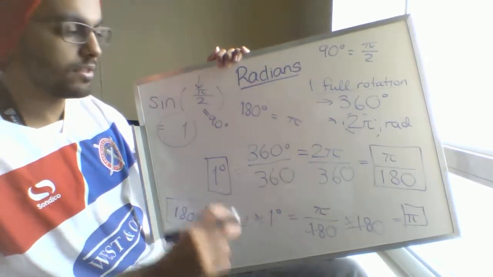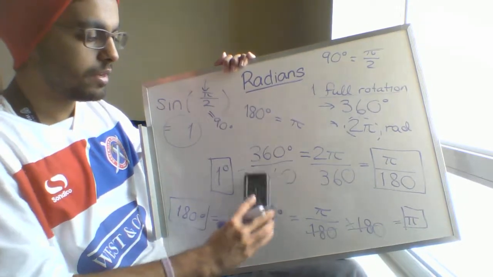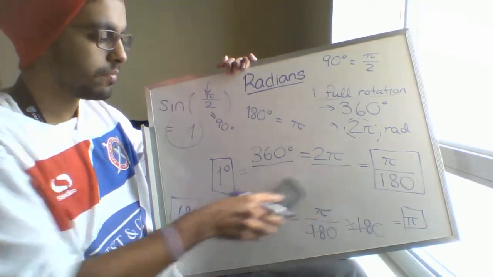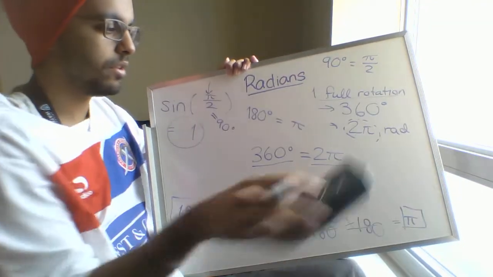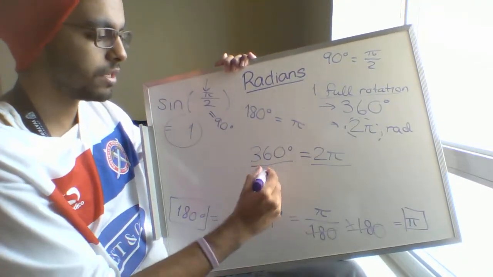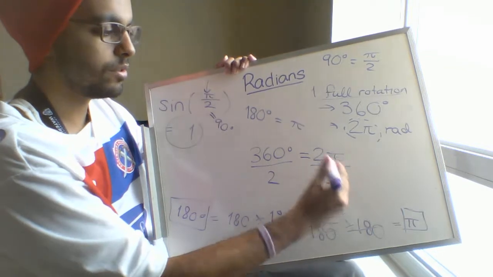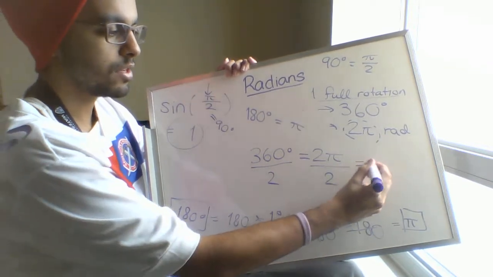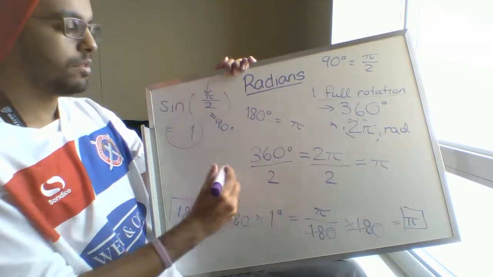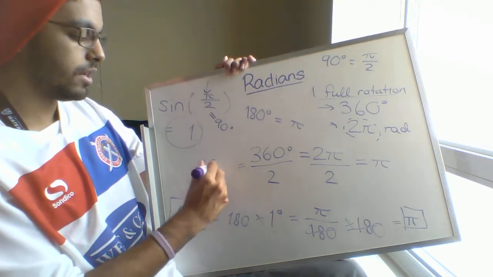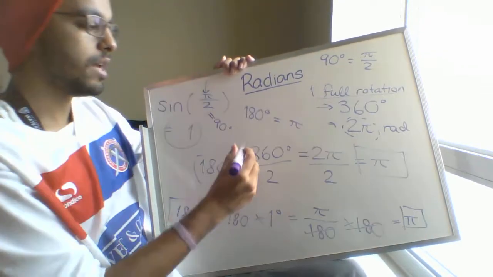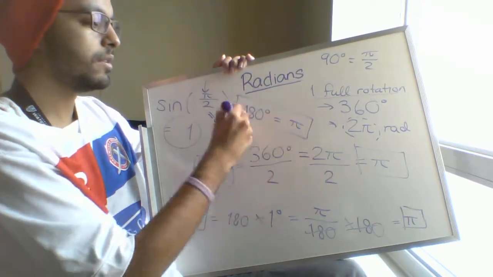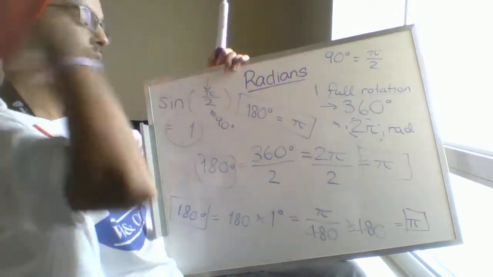You could have gotten this another way by starting with our original definition and dividing both of them by 2. 2 divided by 2 is 1, so you're left with pi on that side, and 360 divided by 2 is 180 degrees. Same answer: 180 degrees is equal to pi.